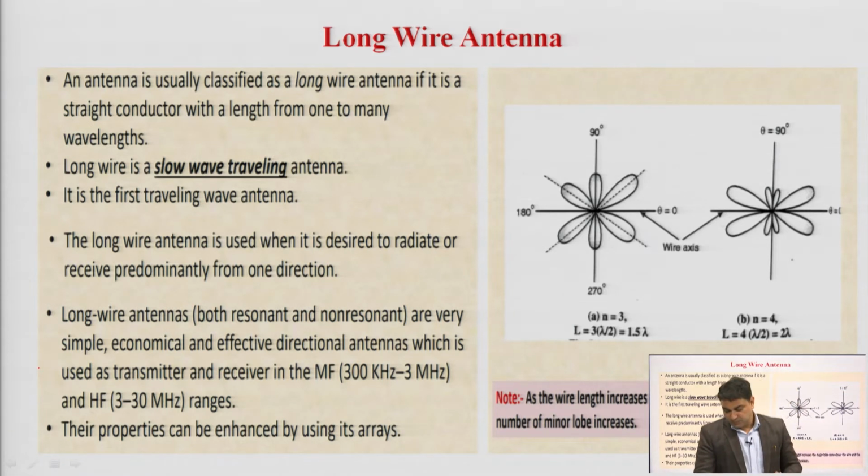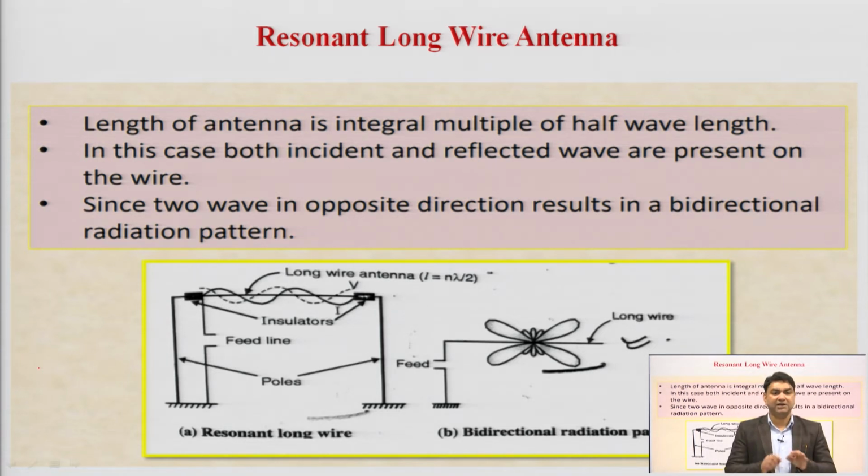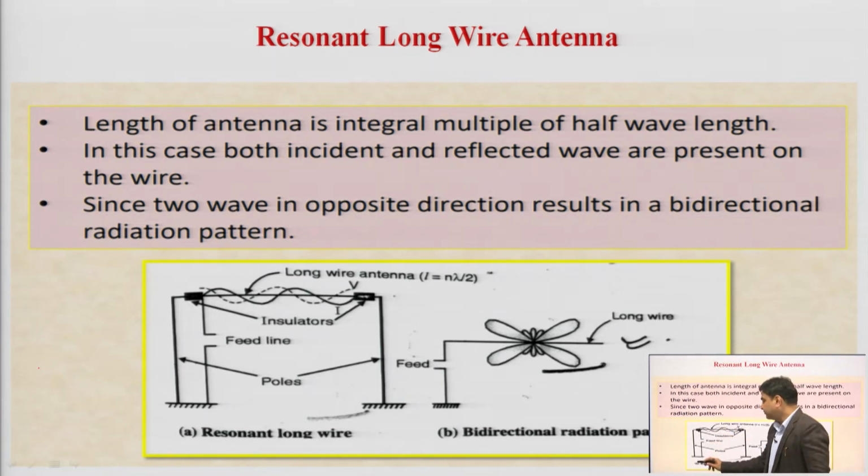So, it can be shown here like a very simple kind of long wire antenna. If this long wire is shown in this form, these are the poles on which a long wire is strung, and simply the standing waves are generating within this long wire, and they are shown here, and this is the feed line.